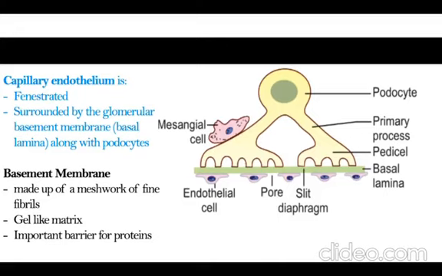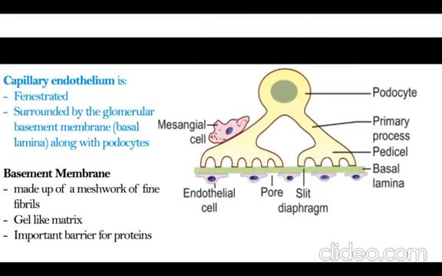This allows water and small solutes like sodium, urea, and glucose to pass through the capillary endothelium. The endothelial cells are negatively charged due to the presence of anionic glycoproteins on their surface. Therefore, protein molecules are not easily filtered through the filtration barrier. Hence, there is no protein in our urine.